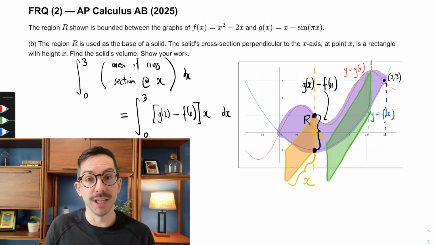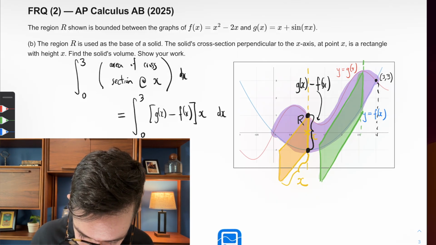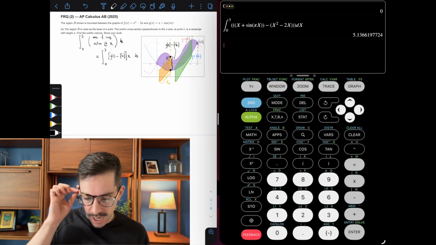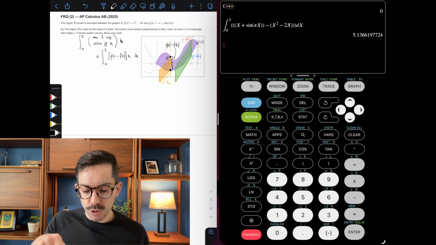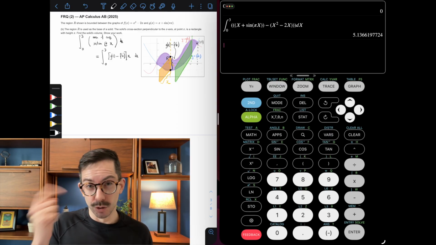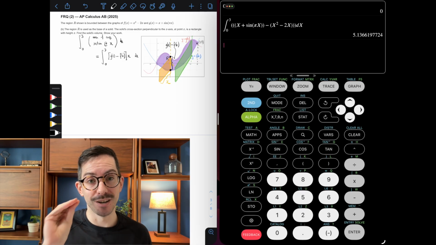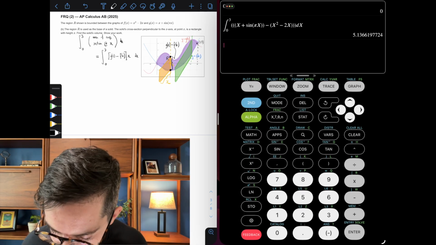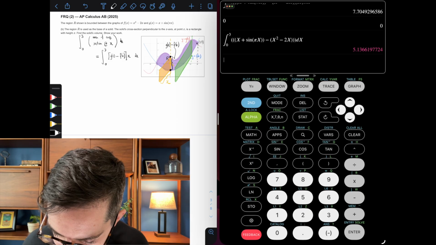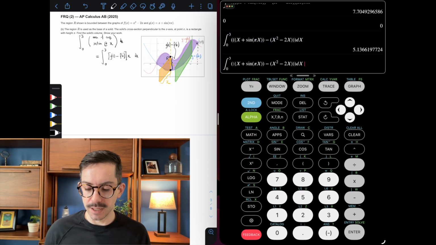Well, this is another integral to calculate, so let's pull up our calculator. Now, we could take this in, but the great news is this looks very similar to the integral we worked with in part A, right? All we've done is we've added in a multiplier of x to the integrand. So I'm going to be a little bit lazy and run up here and take a copy of that integral.